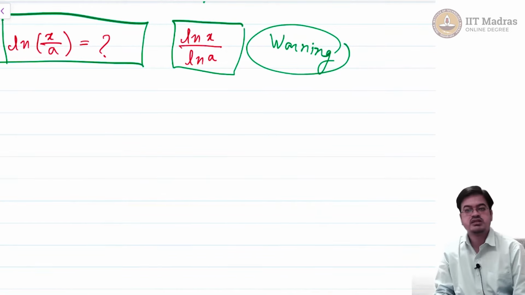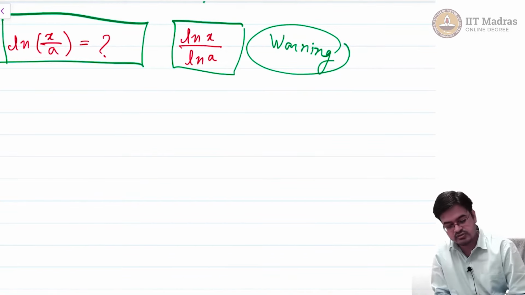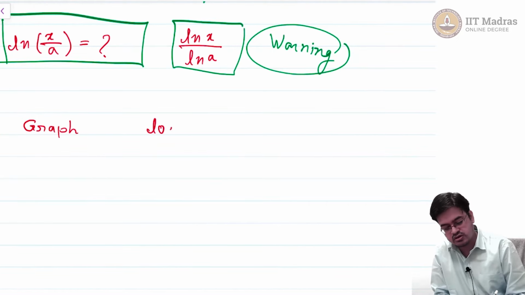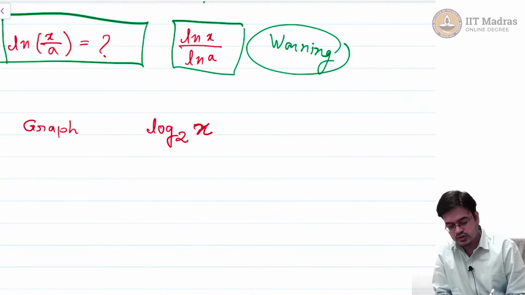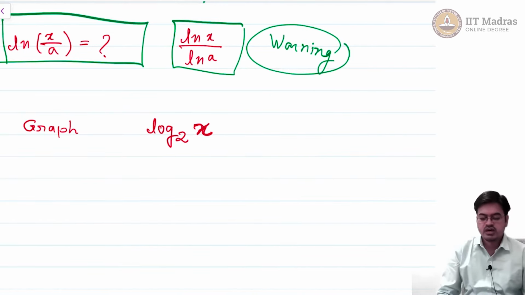We have already seen how to plot a logarithmic function. Suppose now you have been asked to plot a graph of the function log to the base 2 of x.